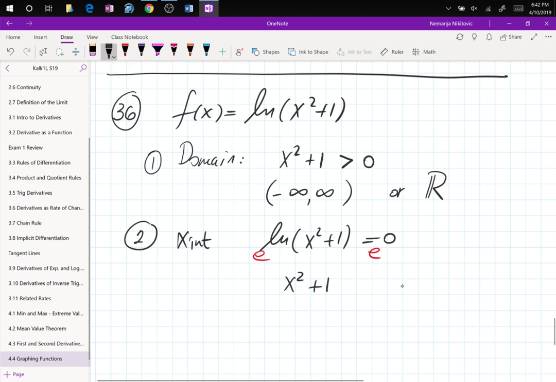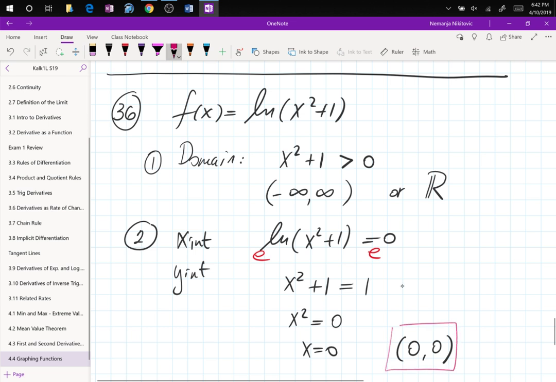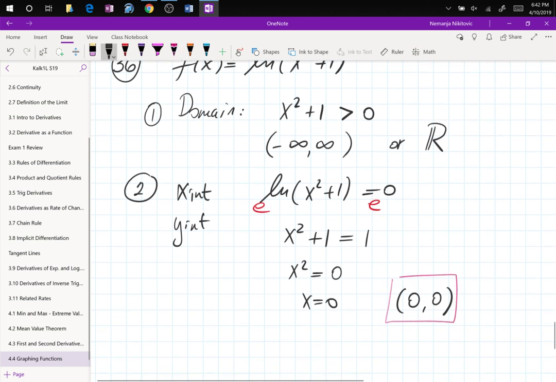We have x squared plus 1. What's e to the 0? 1. So x squared is equal to 0, x equals 0. So we have (0, 0), and this is both the x and the y-intercept at the same time. So we have a point through which the graph will go.